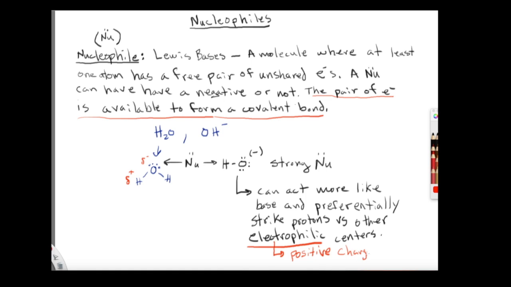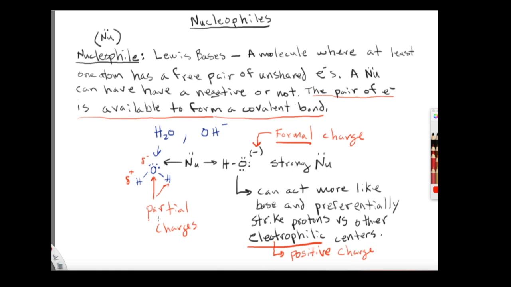So like in the example of the nucleophile, the charge does not have to be formal. This is a formal charge. By differentiation, if we look over here, the oxygen has partial charges, and the hydrogens. These are partial charges, they're not formal charges.